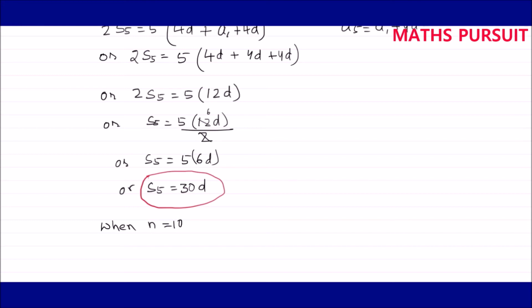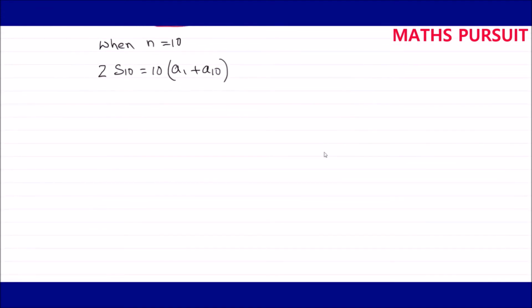So similarly, considering 2S10 is equal to n value here, 10 into A1 plus AN, because our formula is 2Sn is equal to n into A1 plus An. So instead of An, here I can write A10 because we have replaced the value of n with 10. Now let us solve this equation.